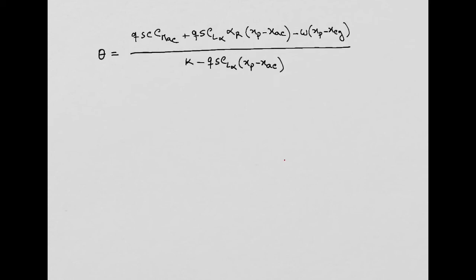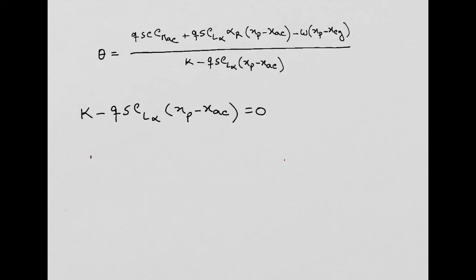And then what we have in the denominator can be equal to 0. And when k minus qscl alpha xp minus xac is equal to 0, we get divergence, or this angle theta going to infinity, which is the end of your aircraft.